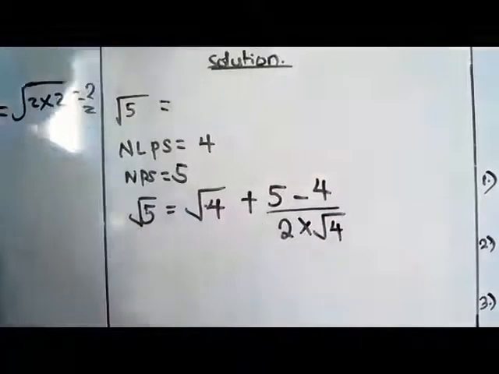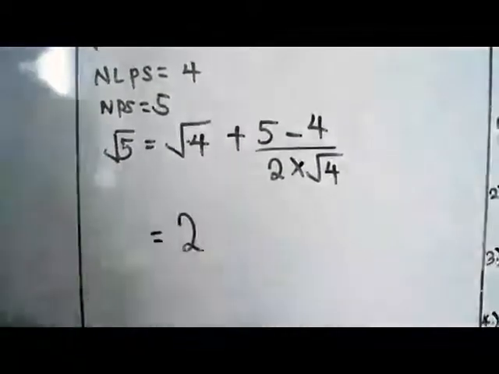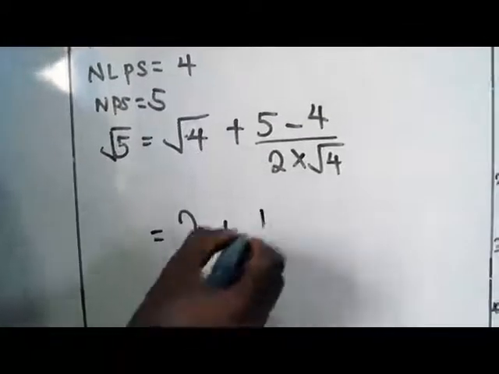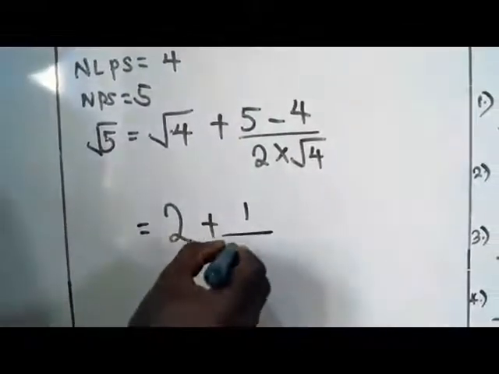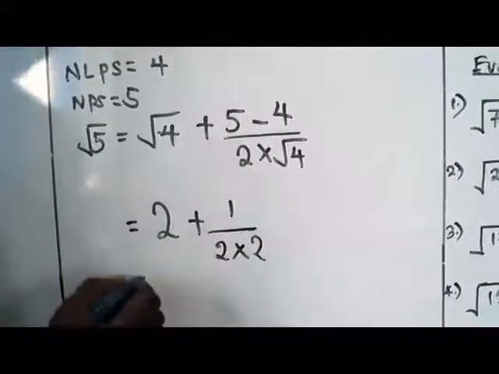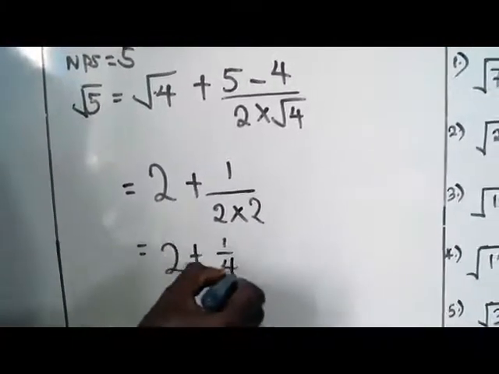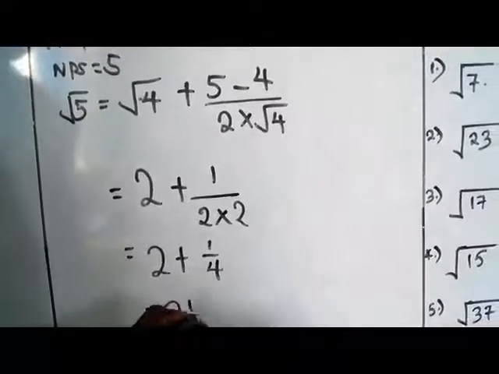So all we have left is just to solve. The square root of 4 is 2. Plus 5 minus 4 gives us 1. If you divide this, you have 2 times the square root of 4 once again is 2. So what I'm having here is 2 plus 1 over 4. Now if you add up this one, this will give you 2 whole number, 1 over 4.